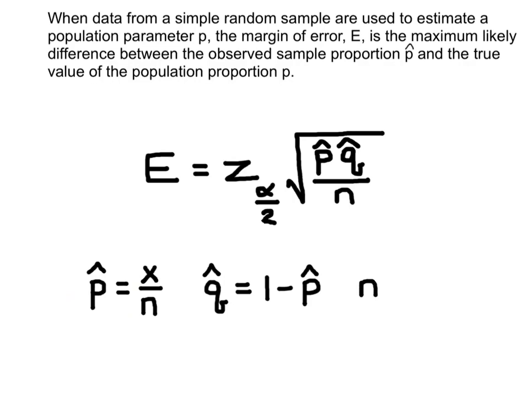And so that's going to give us our n, our p hat, and our q hat. And of course we need to know our critical value, and the critical value all depends upon what you want for a confidence interval, because you've got to go find that, and you can use your calculator to find it depending on if you want a 90% or an 85% or 95% confidence interval, which is fairly common. So that's how we find our margin of error. This is the formula right here.